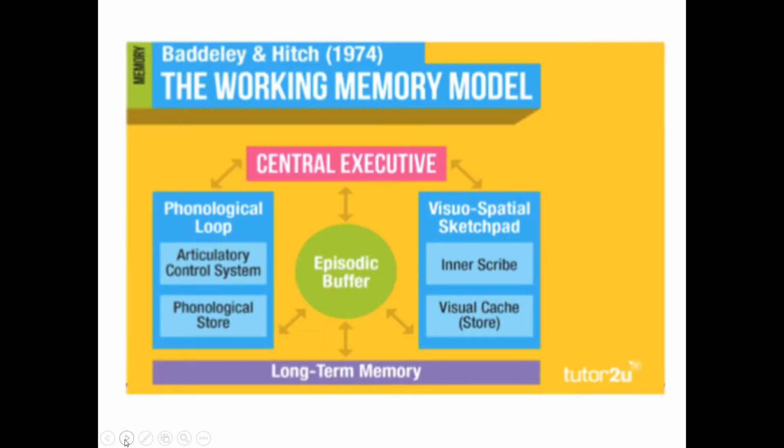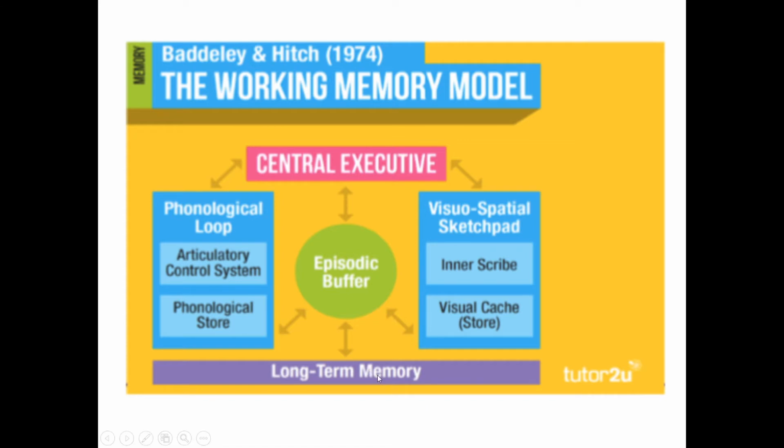Here is another version of it. It's exactly the same thing. The central executive, you've got these two main slave systems here, and we will look at what these two aspects of each mean in a little while. And we have the episodic buffer there. And again, long-term memory is there just to acknowledge that we have a long-term memory, although the model doesn't really say anything about long-term memory.